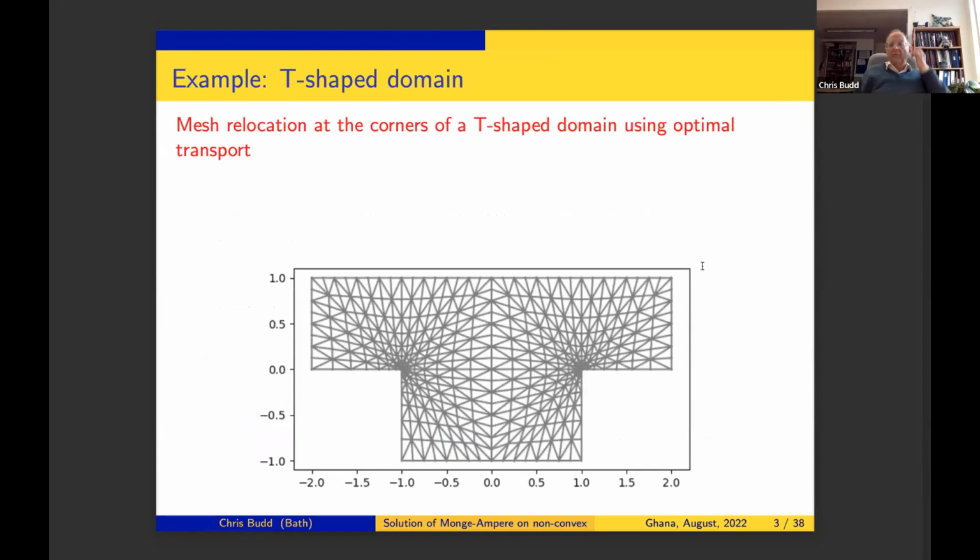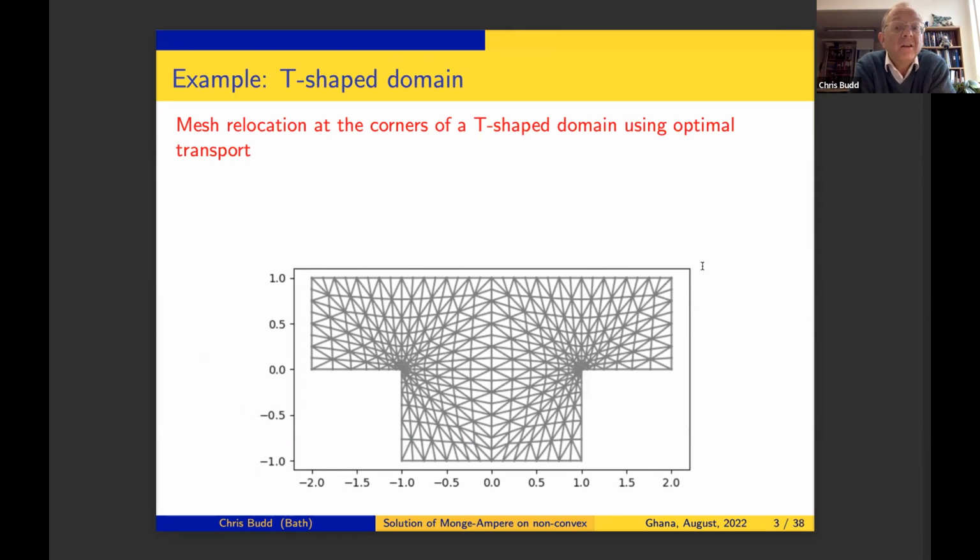So here's, to whet your appetite, an example of a moving mesh or an R-adaptive mesh for computing the solution of an elliptic differential equation within a T-shaped domain. So a T-shaped domain is a non-convex domain. You have re-entrant corners, and at the re-entrant corner, you have a singularity of the solution.